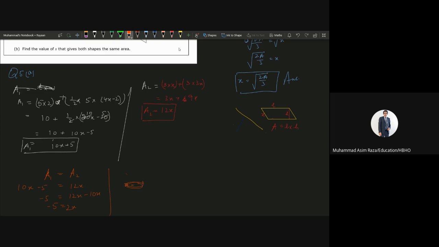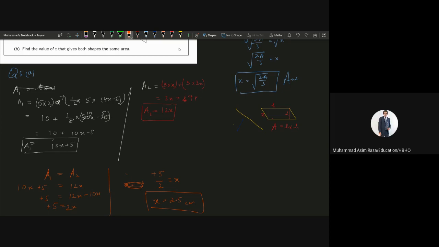So we can write down that 5 over 2 is equal to x, so x is equal to 2.5 centimeters. Is it clear? Yes, sir.